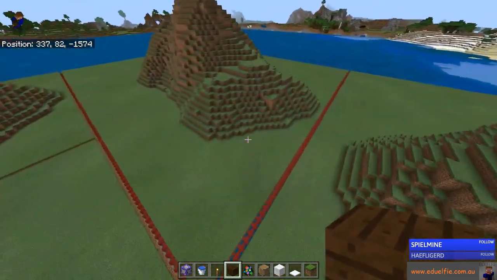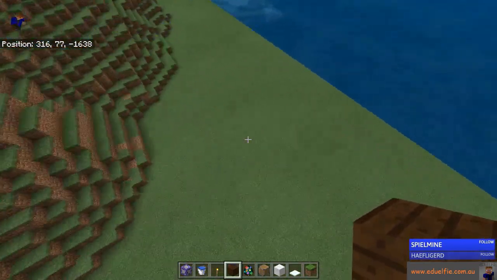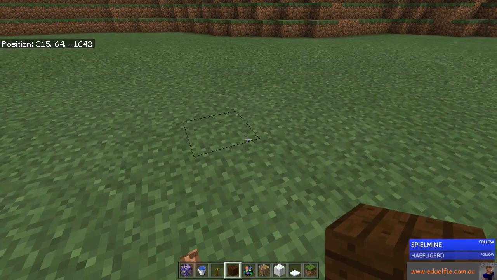And group 3 can get thrown down this side. Group 3 is 315 64 negative 1642.